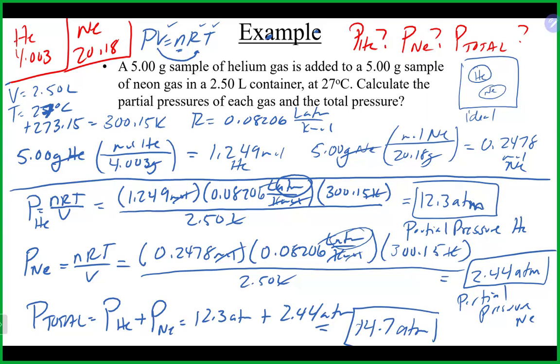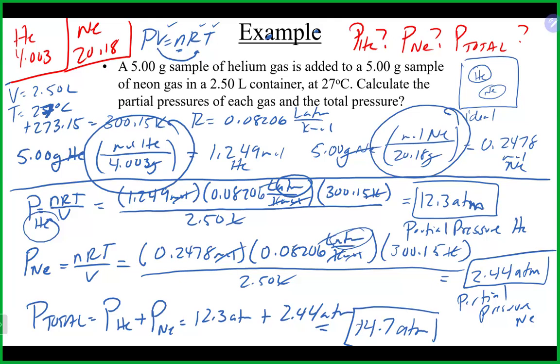The major contributor here to the pressure is which gas? It is helium, right? Helium is contributing 12.3 atmospheres versus neon's 2.44 atmospheres. The reason for that is right here. Helium is a much lighter gas, which means it's going to be flying around a lot faster.